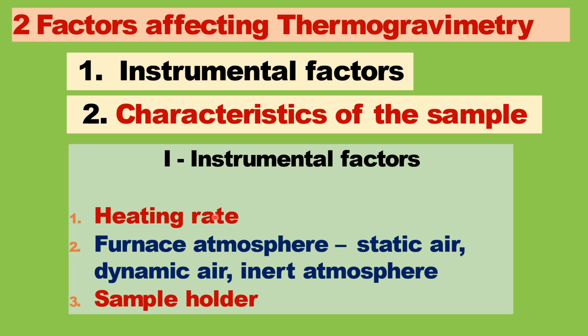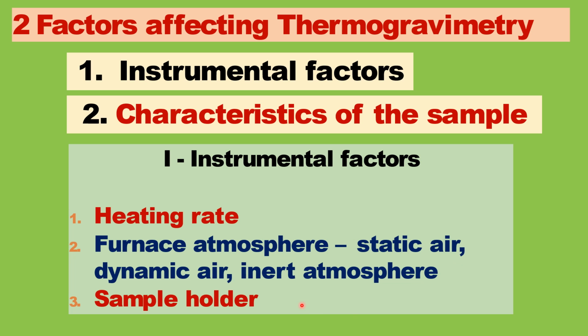Furnace atmosphere. What is called furnace atmosphere? We use either static air, or dynamic air continuously passing through the furnace, or the furnace atmosphere may be an inert atmosphere, with an inert gas like argon.